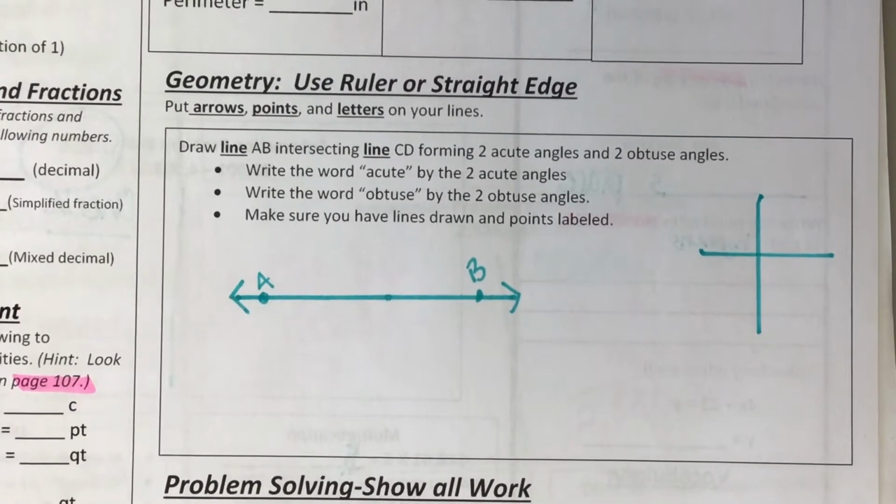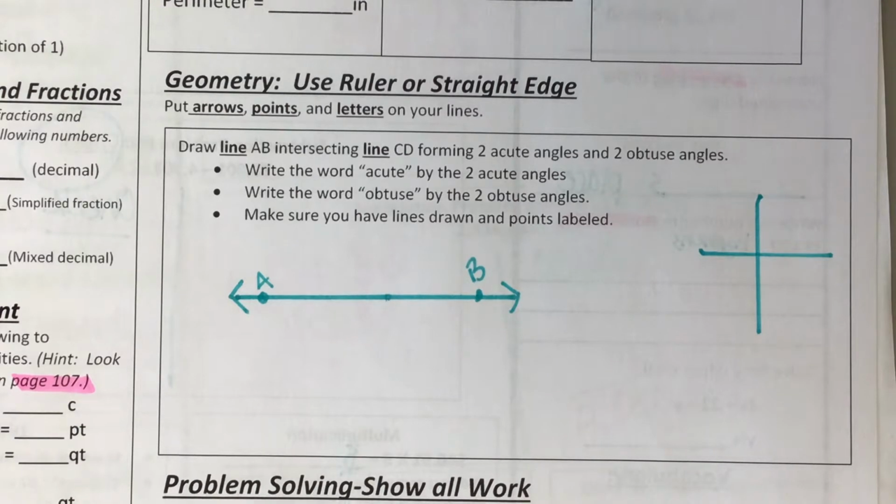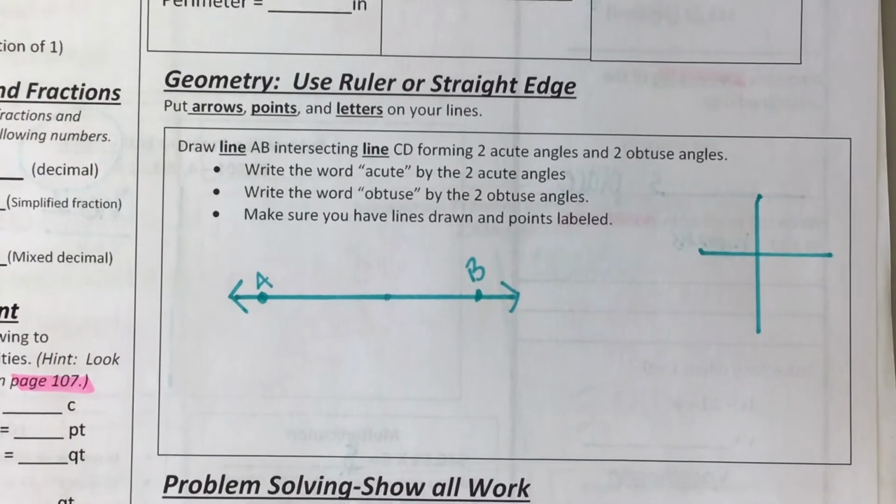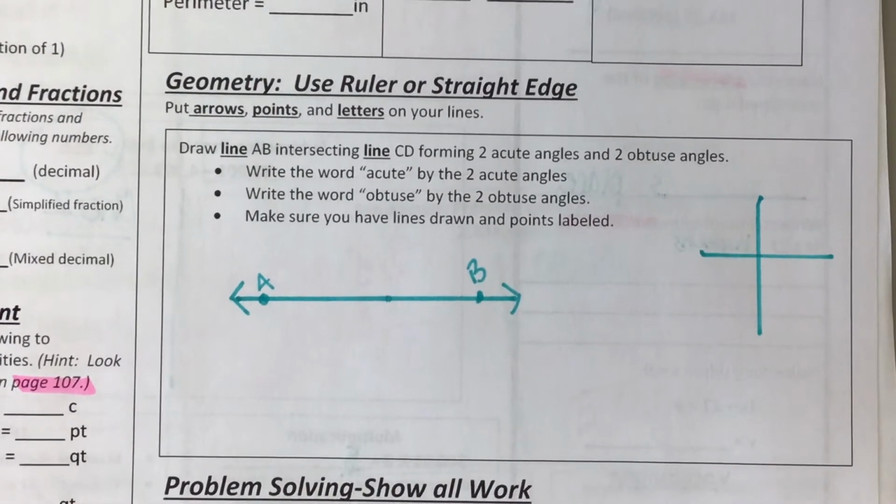Who thinks they can figure out where to draw another line that intersects AB that makes 2 acute and 2 obtuse angles? Jameson? Go up there and show us with your finger where you would put it. That would work.